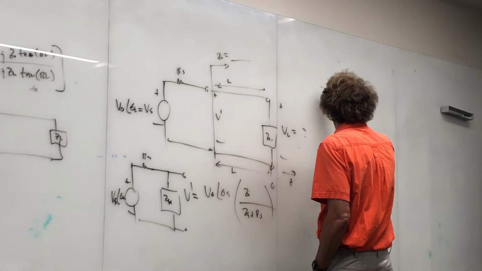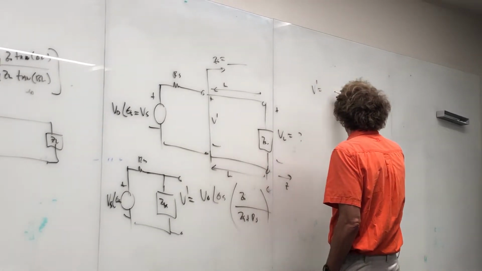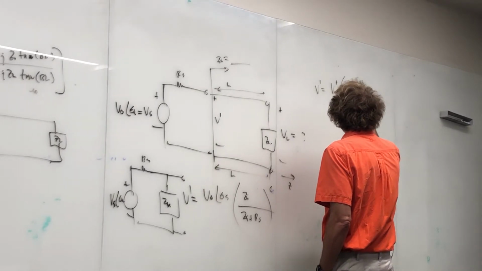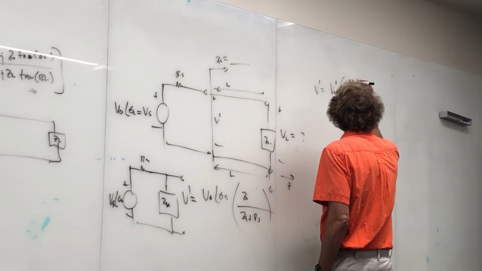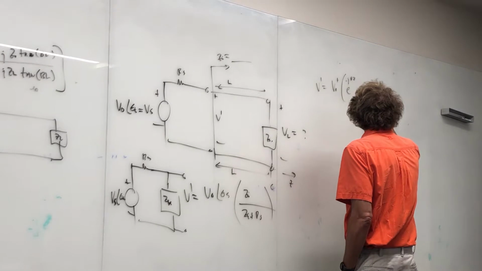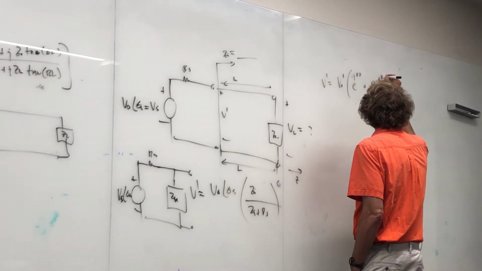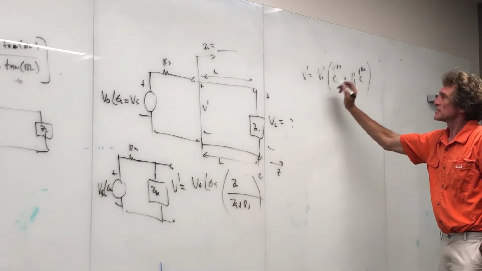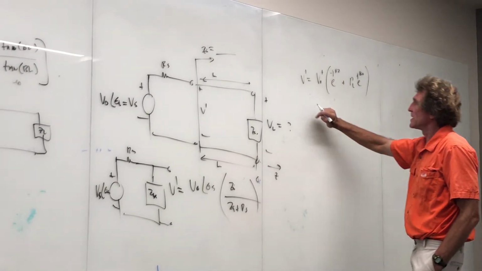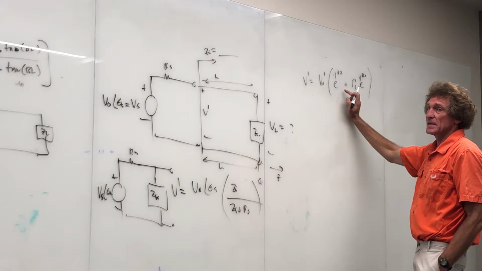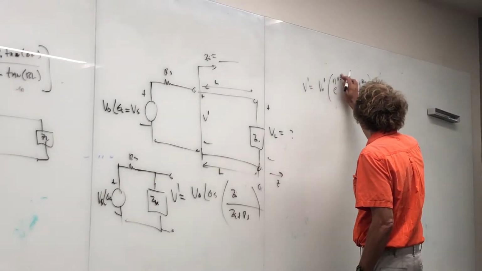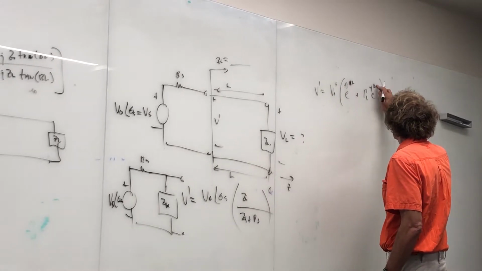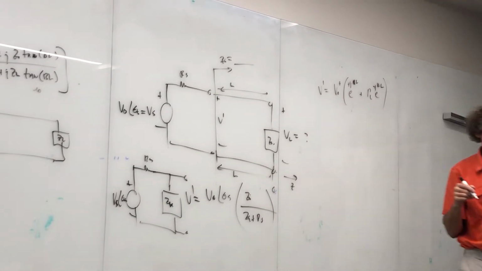Once we have V prime, we also know that V prime is equal to V naught plus times e to the minus j beta z plus the reflection coefficient times e to the plus j beta z. That's V at any point on the line. When you're at z equals minus L, this becomes plus, and this becomes L, and this becomes minus, and this becomes L. Correct, class?